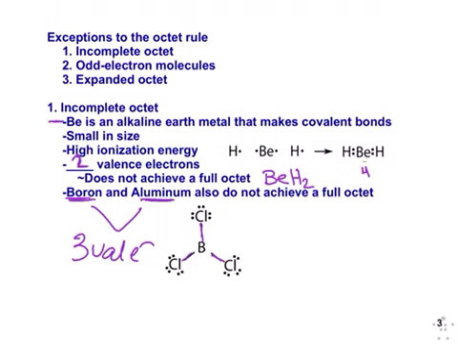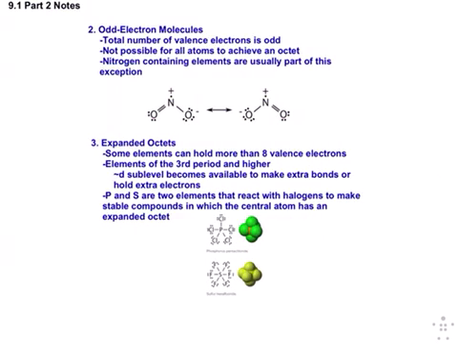There's no space. The odd electron molecules are where the total number of valence electrons is odd. Remember when I said you can't have a lone electron? This breaks that rule. The total number of valence electrons is odd. It is not possible for all atoms to achieve an octet. Nitrogen-containing elements are usually part of this exception.